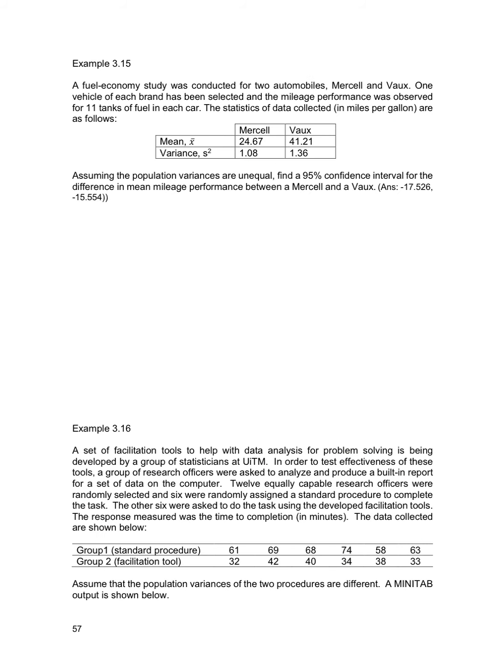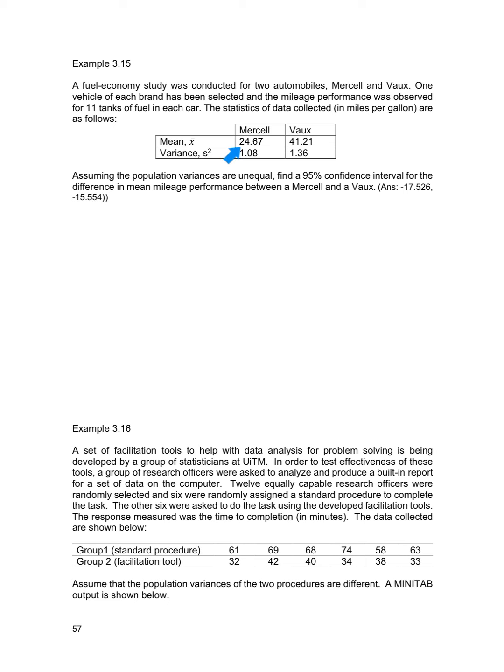Now let's proceed to example 3.15. A fuel economy study was conducted for two automobiles, Marcel and Vaux. One vehicle of each brand was selected and the mileage performance was observed for 11 tanks of fuel in each car, meaning Marcel 11, Vaux also 11. The statistics of data collected in miles per gallon are as follows.